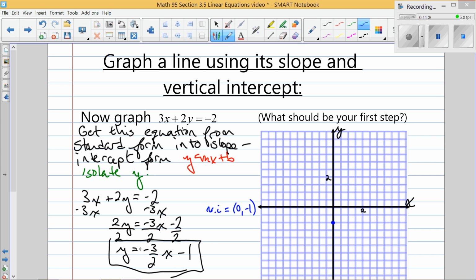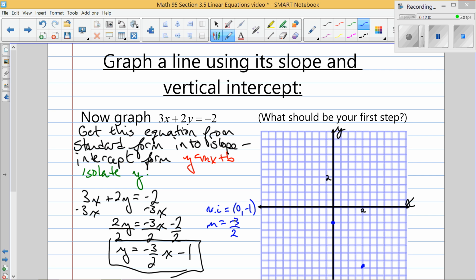And then my slope tells me I'm going to go down 3 and to the right 2. So from here I'm going to go down 1, 2, 3, and to the right 1, 2. Remember, I'm skipping a line each time because of how I've scaled my axes.